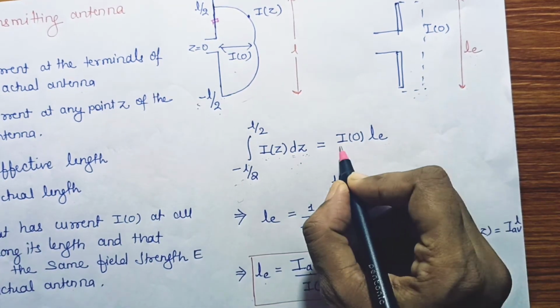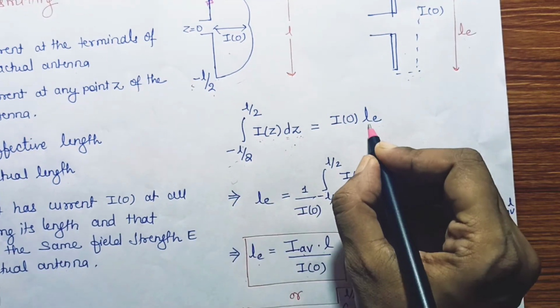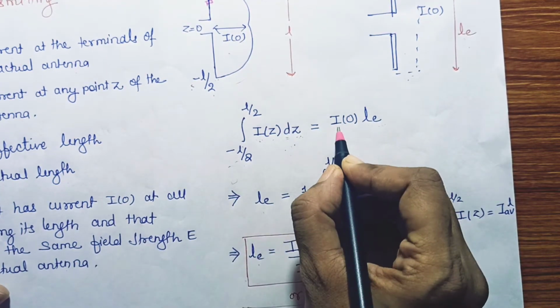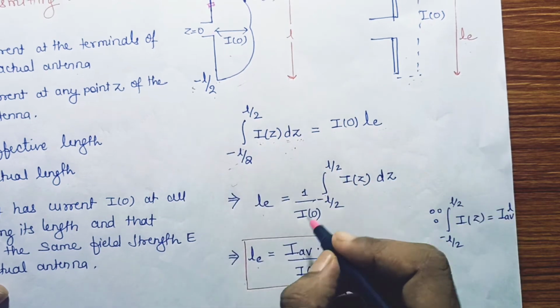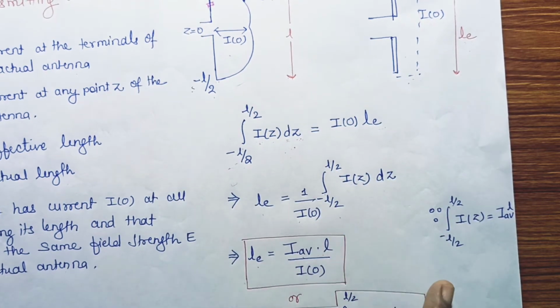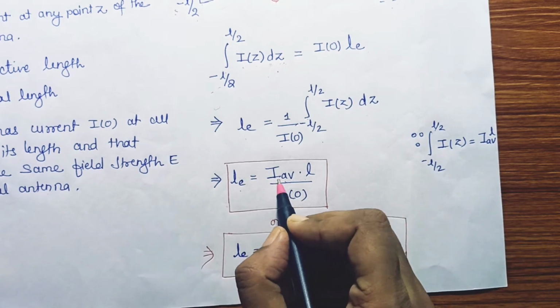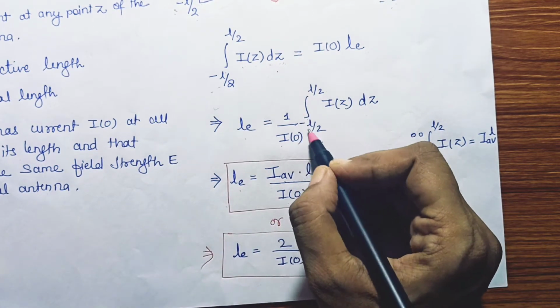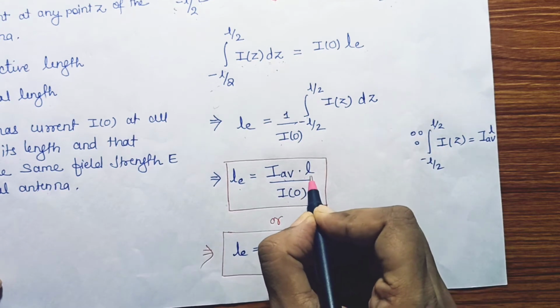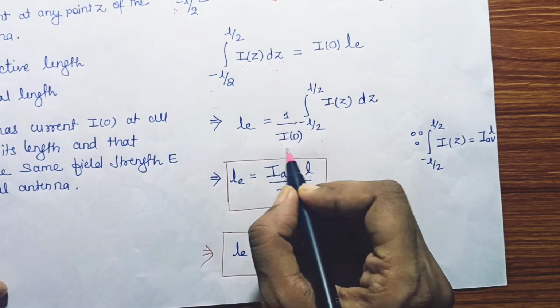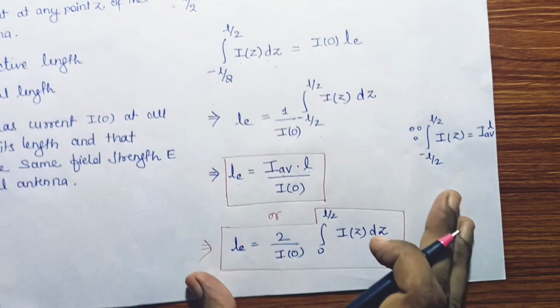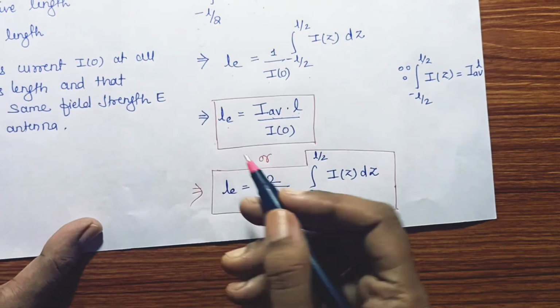Now the effective length has I0 in the denominator, so we get this equation. The total length is L, and we have I0 in the denominator. So this is our effective length.